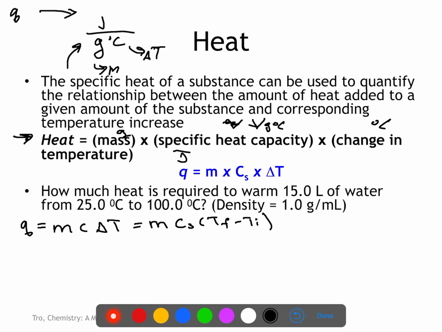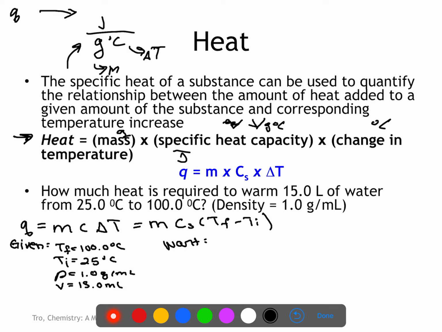I'm given my temperature change: T final is 100 degrees Celsius, T initial is 25 degrees Celsius. I'm given the density, which is 1 gram per milliliter, and a volume of 15 liters. And that's it. And I want heat.